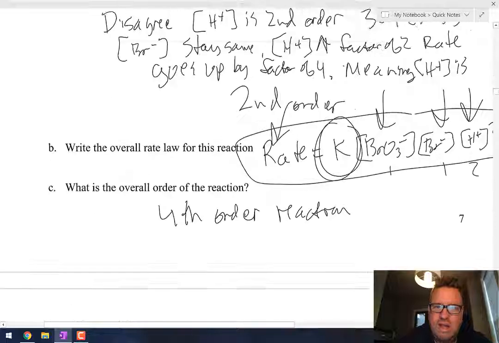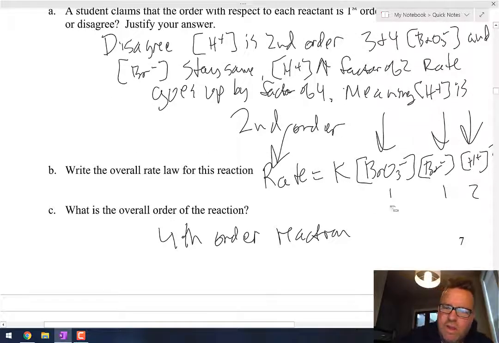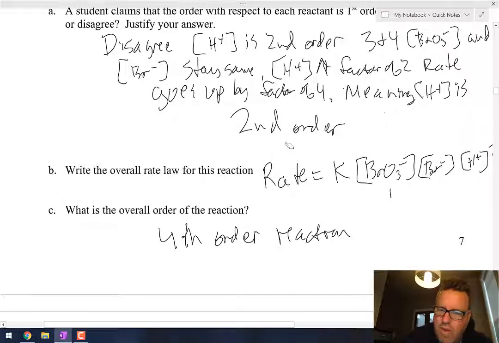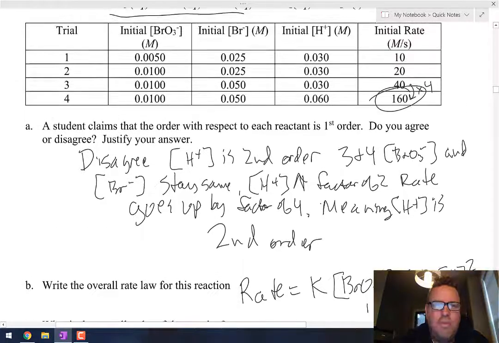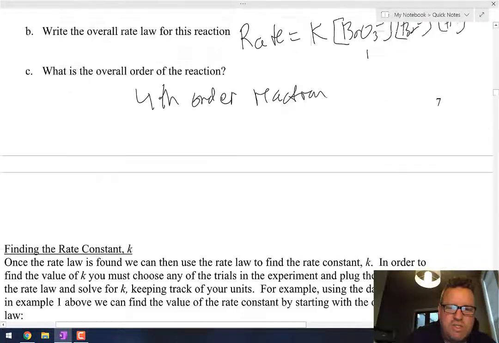And again, I'm looking at my rate law here as well. And I remember that the concentration of H plus was second order. That's the only thing we really have to pay attention to. So the BrO3 minus is 0.0050.